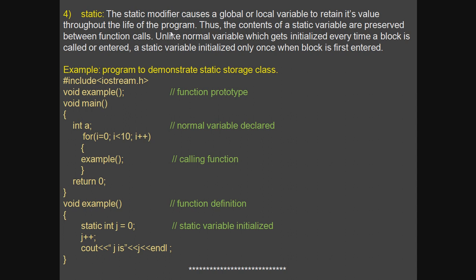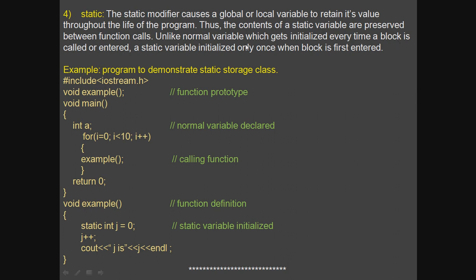But the variable value can also change depending on the program logic, right? But using the static keyword, you can retain the value in that variable for a particular period of time. Thus the contents of a static variable are preserved between function calls, unlike a normal variable which gets initialized every time a block is called or entered.